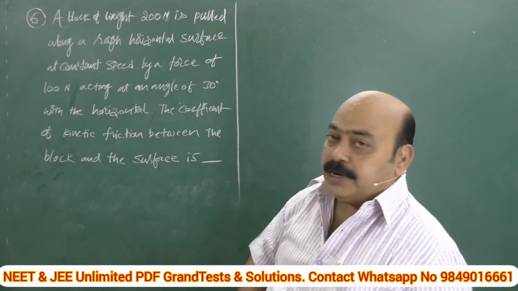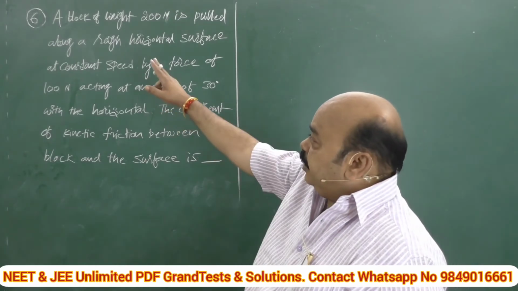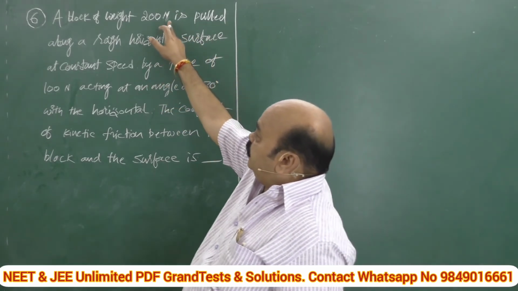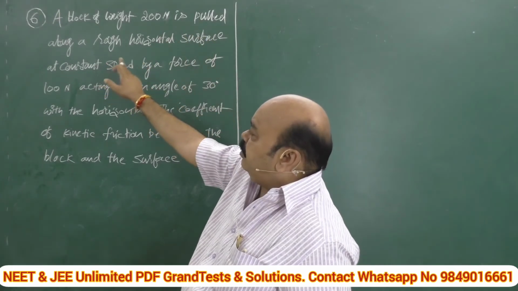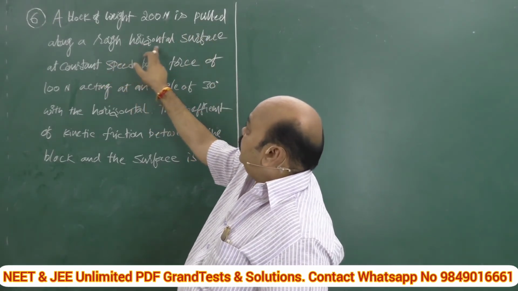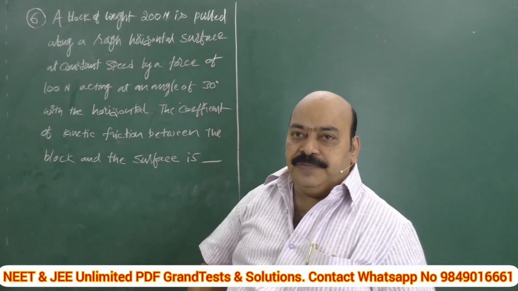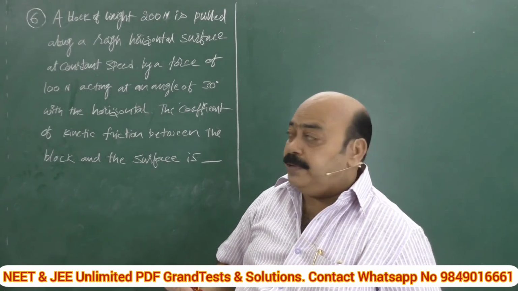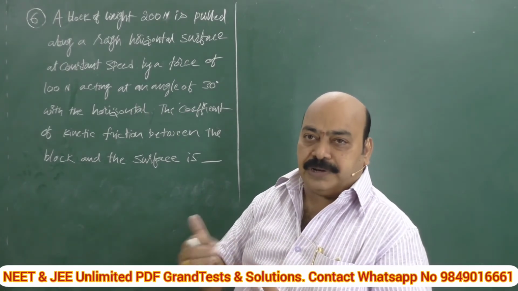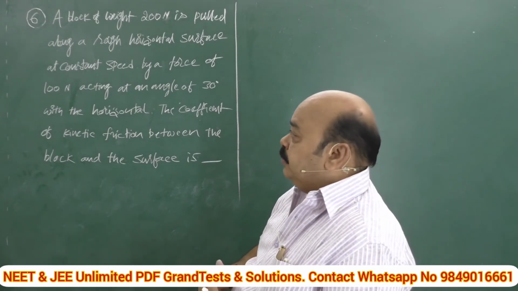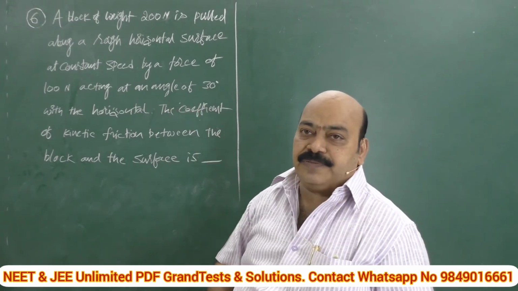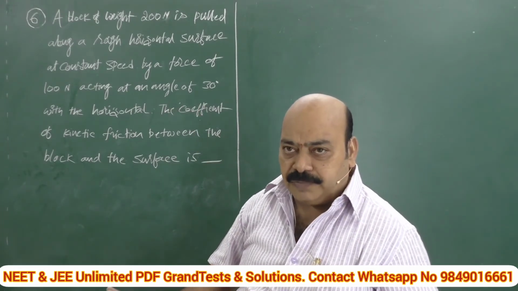Here is the case related to this. A block of weight 200 Newton is pulled along a rough horizontal surface. If it is given as rough, be mentally prepared that it is having friction. Rough means that. If it is mentioned as a smooth surface, there is no need to consider frictional force.